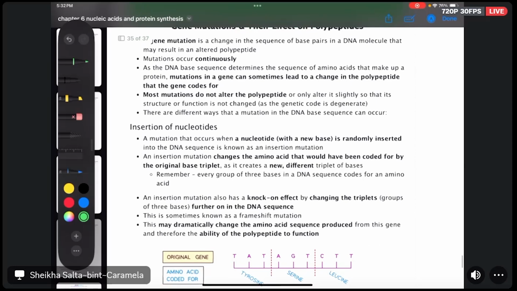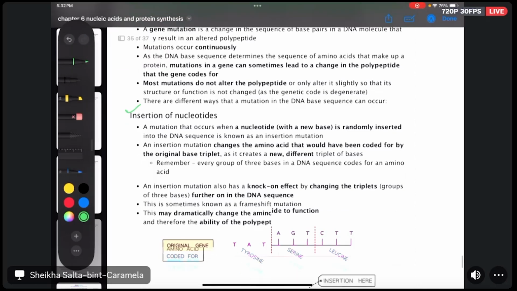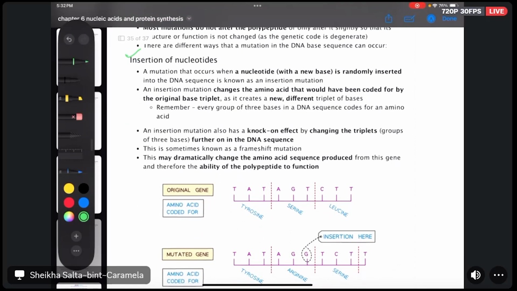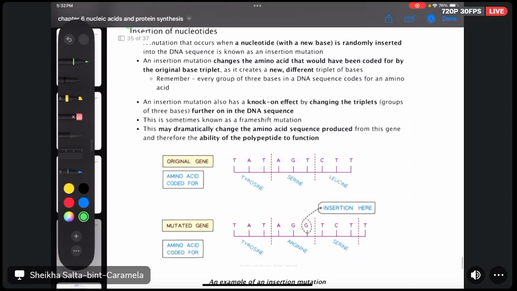There are three types of mutation that happen. One is insertion of a nucleotide. In this, one of the bases is inserted inside the genetic code. This creates a knock-on effect, so the whole sequence is changed, and the polypeptide chain which will be synthesized will be different as well, and the function of the protein will also change eventually.